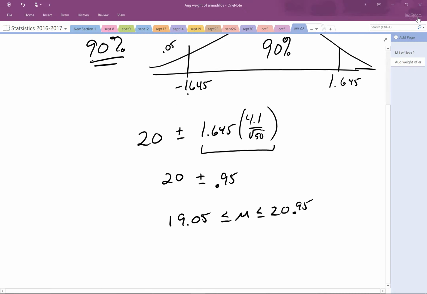Now, Abby wants to know the average length of teenage girl hair. By the way, you might think that sounds goofy. That does sound goofy.